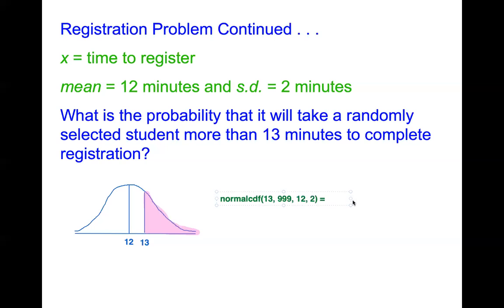Tell me what you get once you have it on your calculator. I got 0.3085. Perfect. Good job, Leong. Well done. And that is it for number 9.